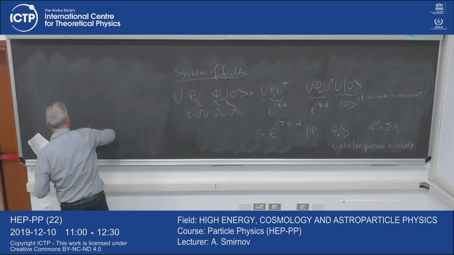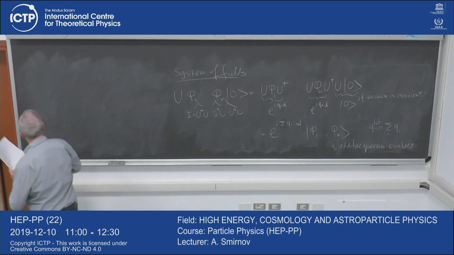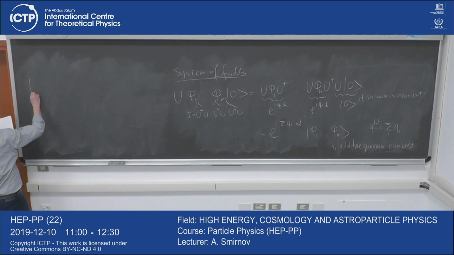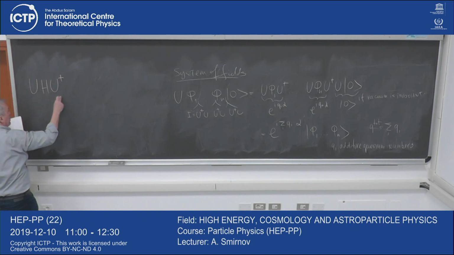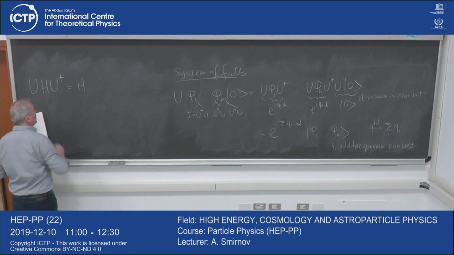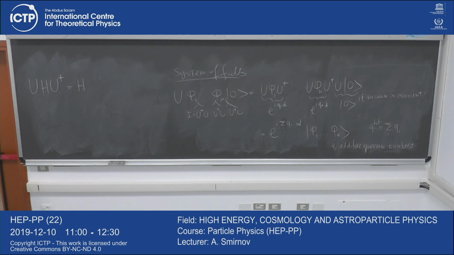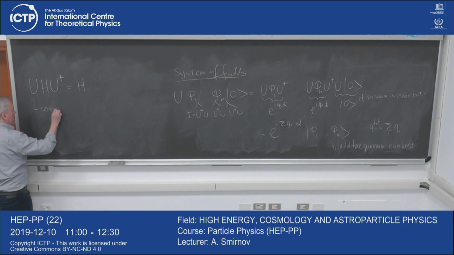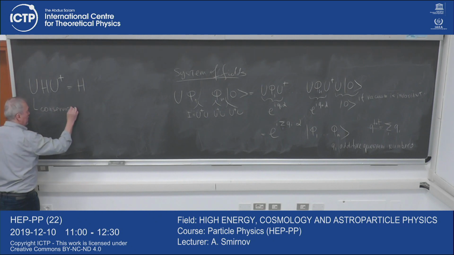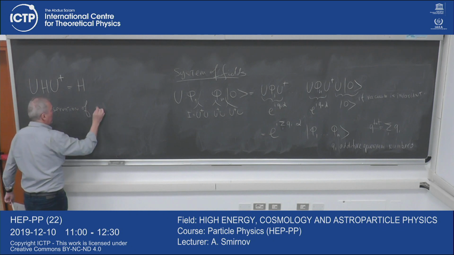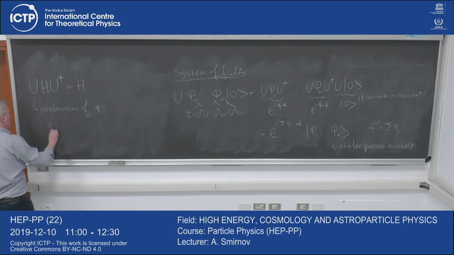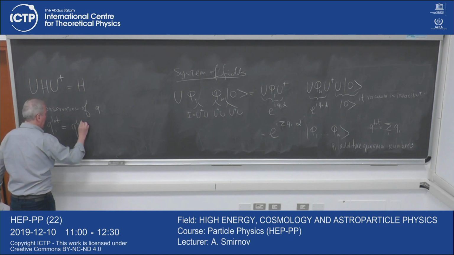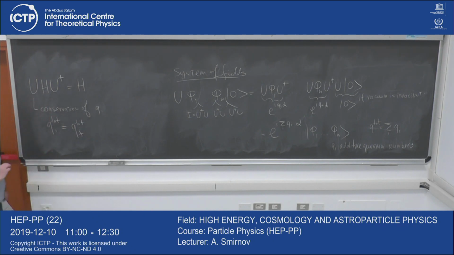As usual, and I'm not going to repeat this, if the Hamiltonian is invariant under U transformations, which means that U dagger H U equals H, or it commutes with U, then that leads to conservation of the Q number, which means that Q total in the initial state should be equal to Q total in the final state in the processes.